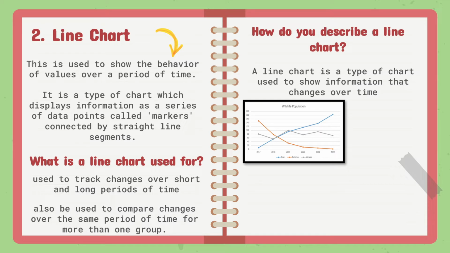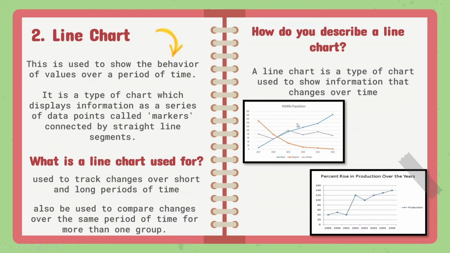In this illustration, in 1999 the production over the year is 40, then in the year 2000 it becomes 50, then in 2001 it falls down to 40, and in 2002 it rises up to 120. So again, it shows the changes. It tracks the changes over short or long periods of time.